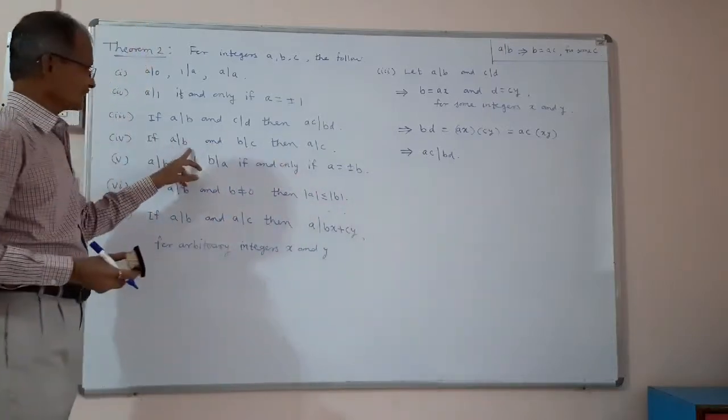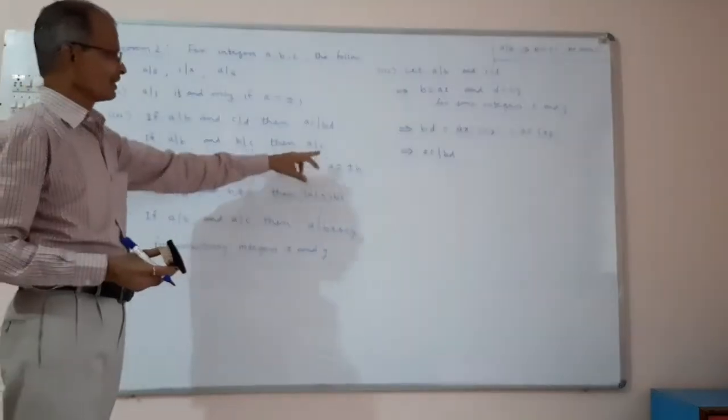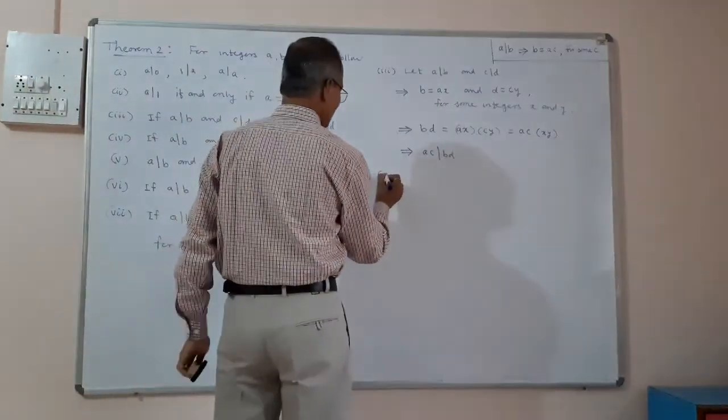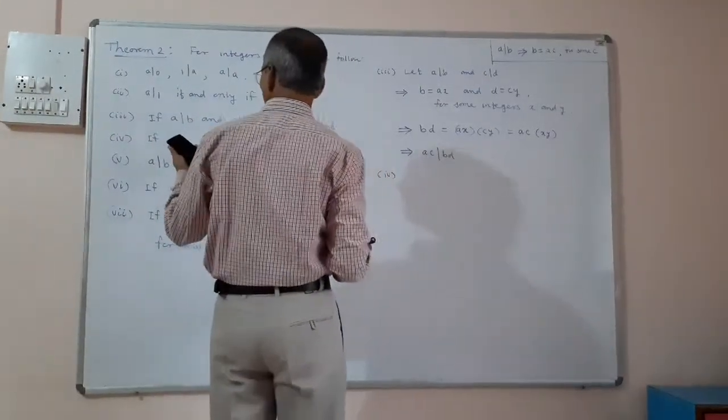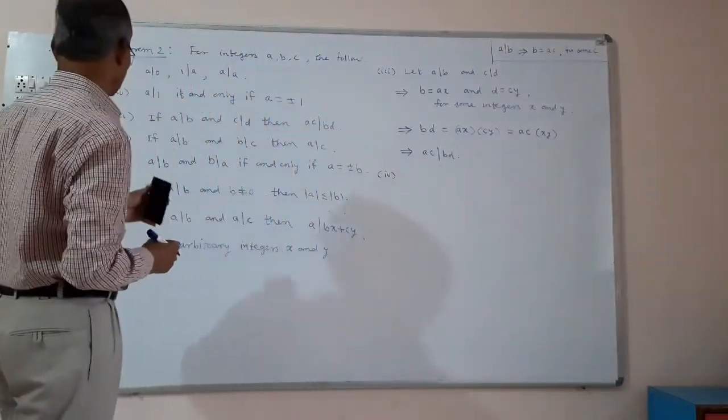First integer divides second, second divides third, then first divides third also. So that is also simple. A divides C, the fourth result.